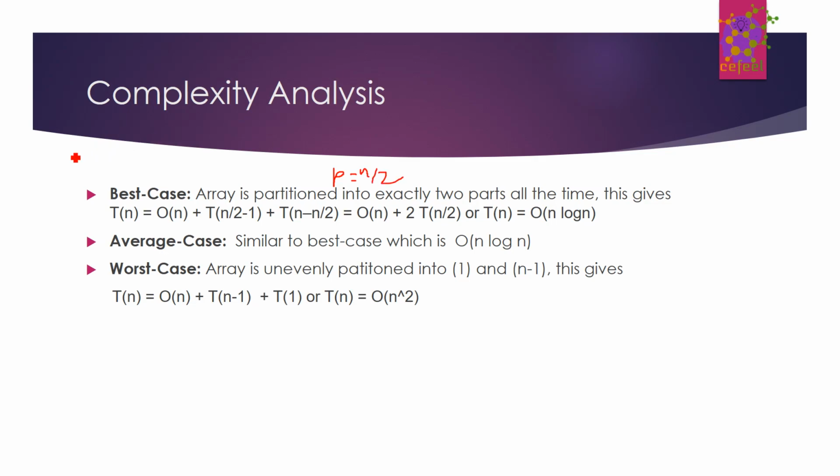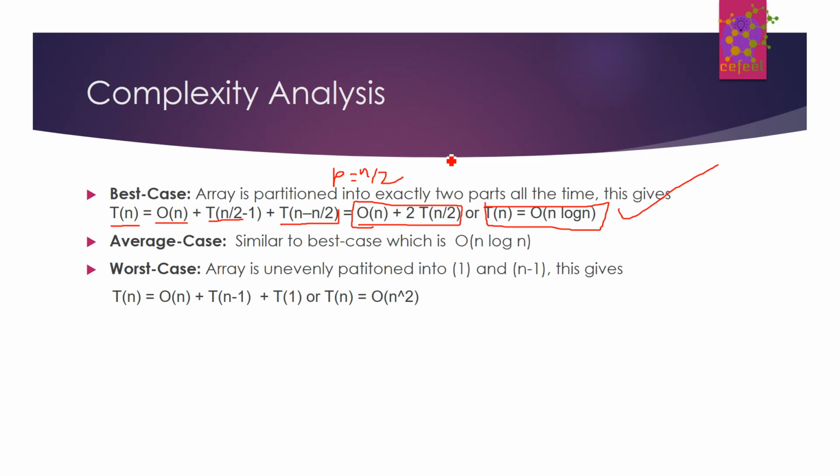Due to which the complexity T(n) reduces to order n plus T(n/2) plus T(n/2), so it's order n plus 2T(n/2). If we solve this recurrence relation using Master's theorem or just by repeated substitution, we will have T(n) equals order n log n. So this is the final complexity in the best case. So best case quicksort runs in order n log n.